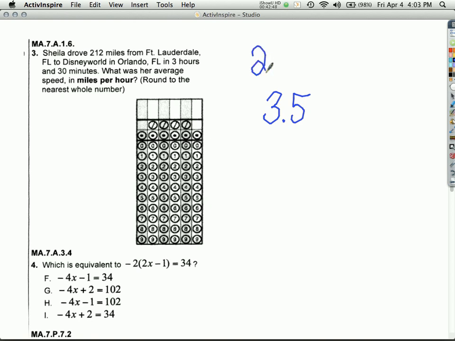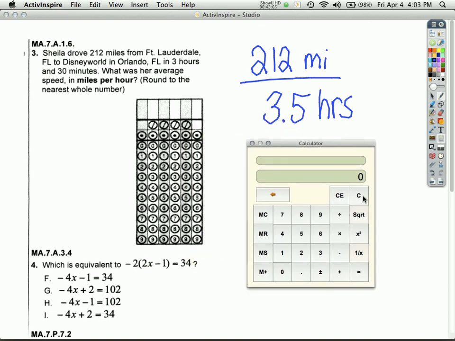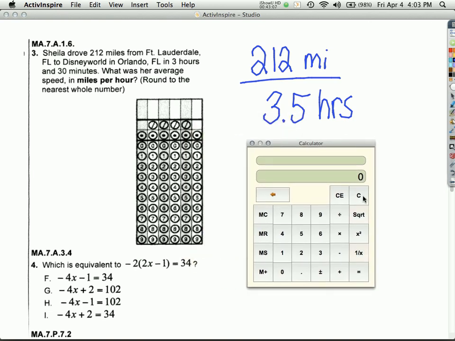Okay, so 212 miles over 3.5 hours gives us miles per hour, but then we need to do what to get the actual unit rate? You have to divide 3.5 by, I don't know. You divide 212 by 3.5.